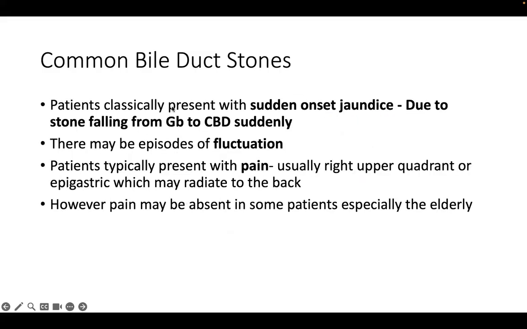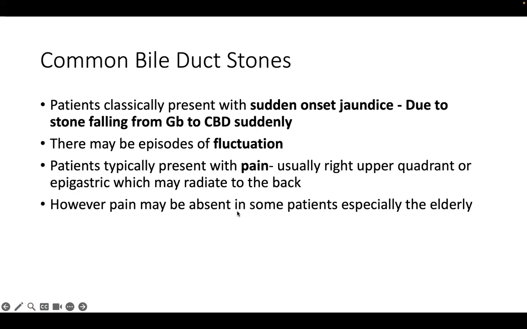Patients classically present with a sudden onset of jaundice. This is due to the stone suddenly falling from the gallbladder to the CBD. There may be episodes of fluctuation. So what you need to remember is sudden onset of jaundice, there can be episodes of fluctuation. Typically, the patient will present with pain, usually right upper quadrant or epigastric pain, which radiates to the back.